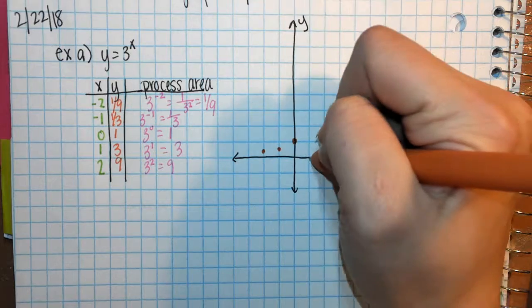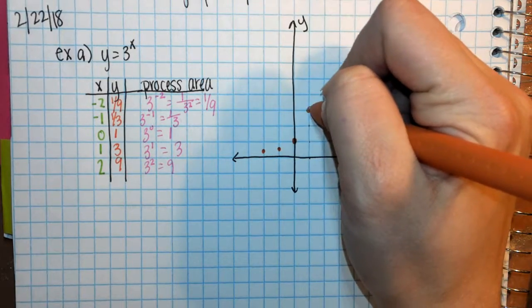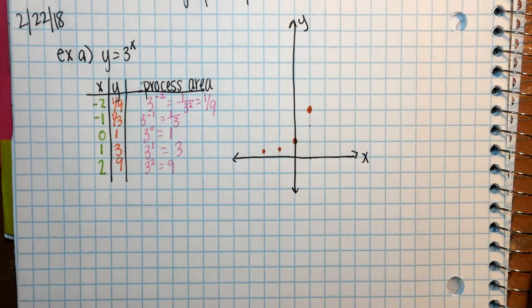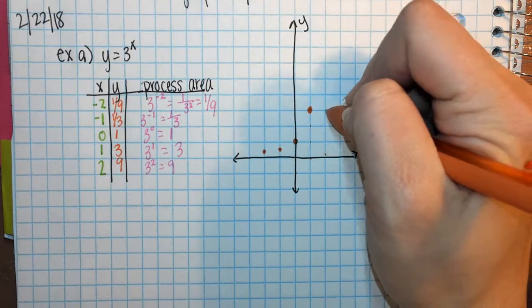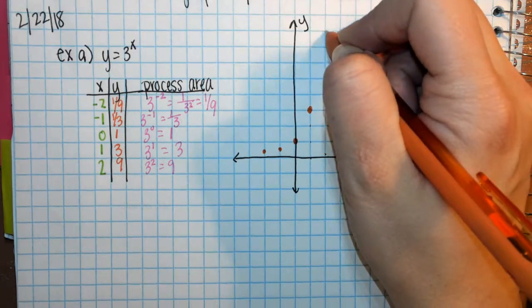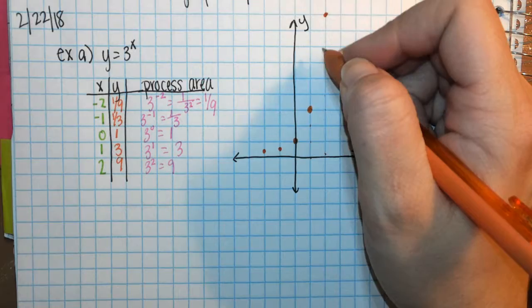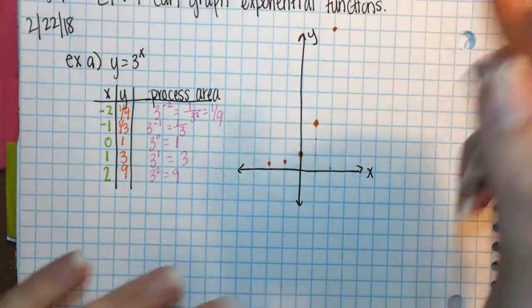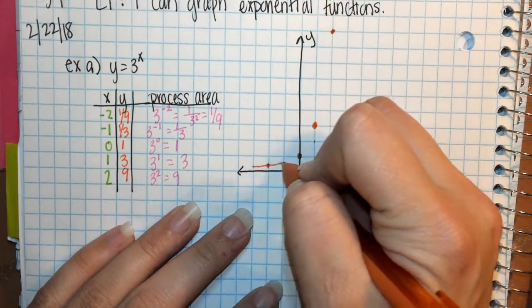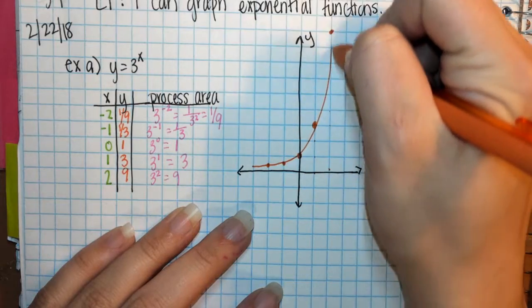And 1, 3 is right 1, up 1, 2, 3. 2, 9 is right 2, up 3, 4, 5, 6, 7, 8, 9. And then connect your dots.